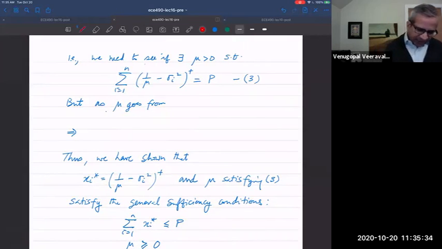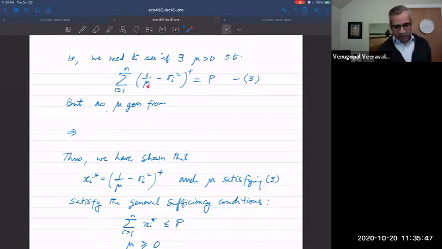If you look at this expression here, as I increase mu from 0 to infinity, what happens? When mu is close to 0, the left-hand side is going to be very large, close to infinity, because this is going to dominate sigma i squared, whatever sigma i squared is. So I'll get the sum of these very large numbers, and that'll be very close to infinity.